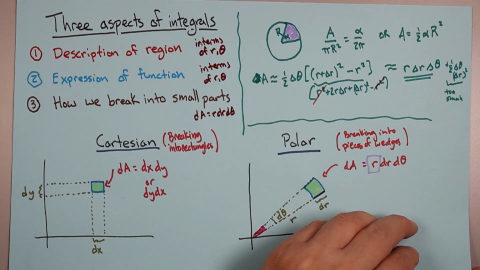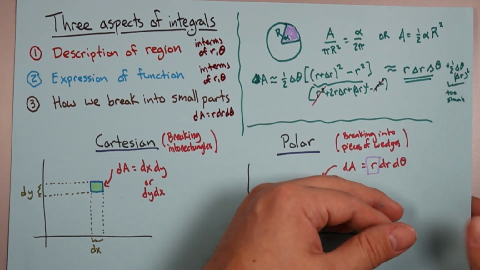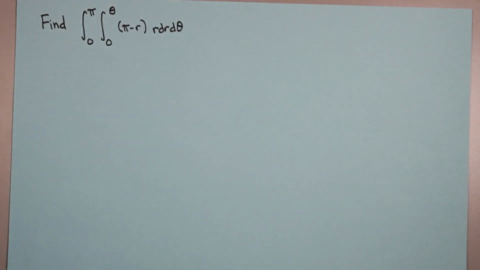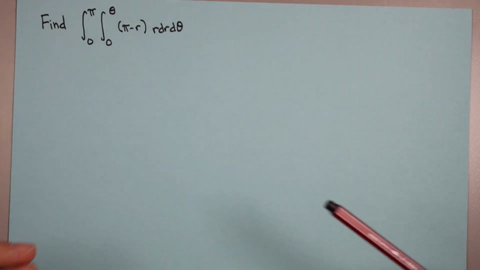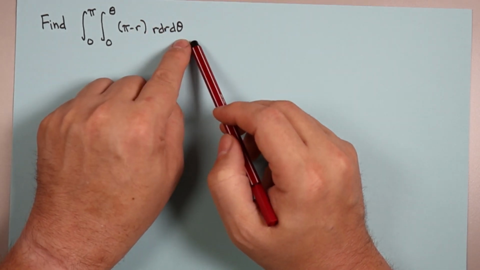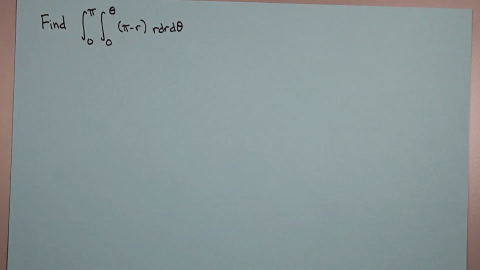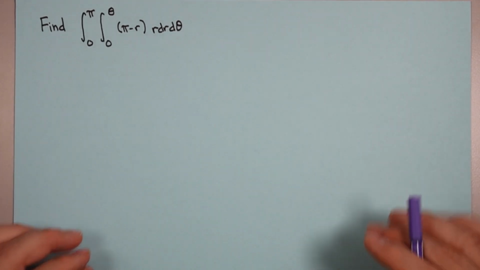So let's do a problem. First off, we won't worry about setting up an integral. We'll just ask, what does an integral look like? It might look like the following. You've got r's and thetas. So suppose we wanted to find this. The answer is what you think you would do: just integrate like you would have before.